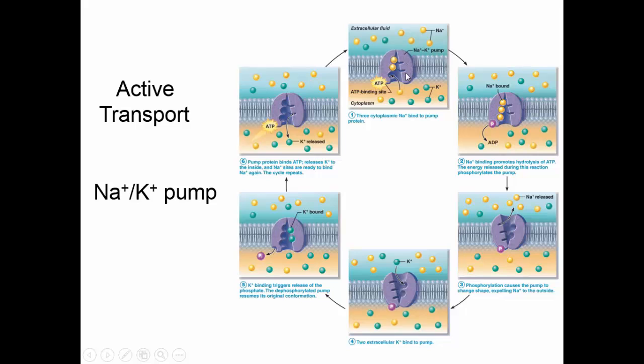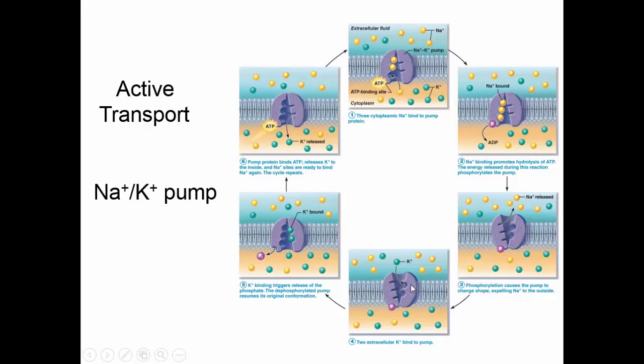Our carrier protein is set up to pick up 3 sodium ions. As those 3 sodium ions nestle in place in the protein carrier, ATP is split, and this provides the energy to change the shape of the protein carrier. This will dump those sodiums out and also open up 2 seats for potassium.